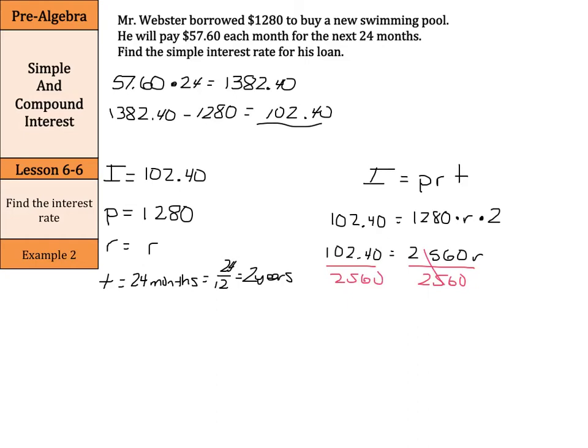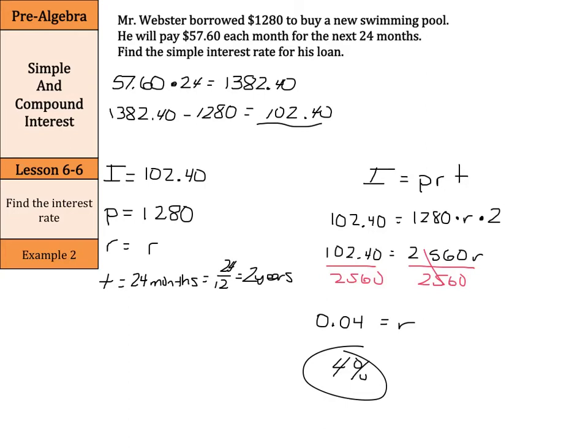And the result is 0.04 equals R. And as a percentage, with the decimal place back over twice to the right, and that is 4%. So he had a 4% simple interest rate for his loan.